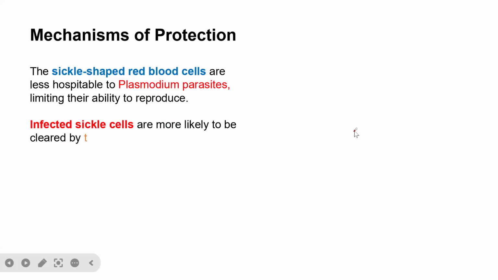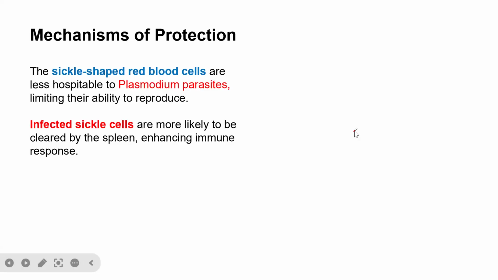Infected sickle cells are more likely to be cleared by the spleen, enhancing immune response. Most of the infected sickle cells are more likely to be cleared by the spleen.